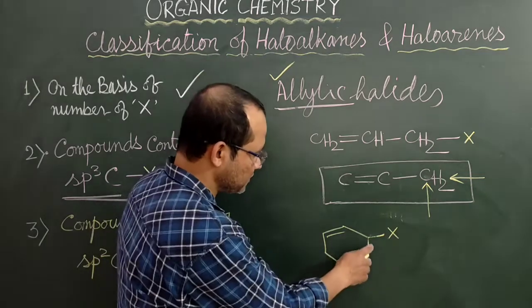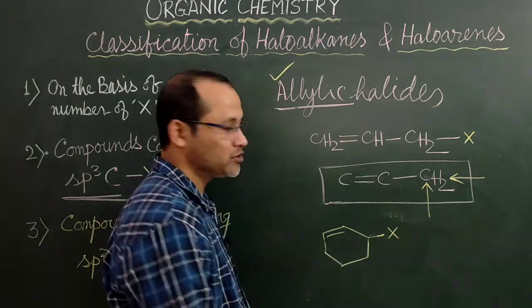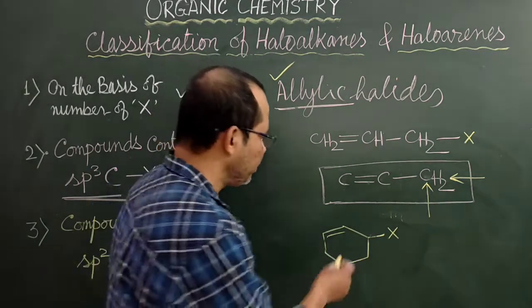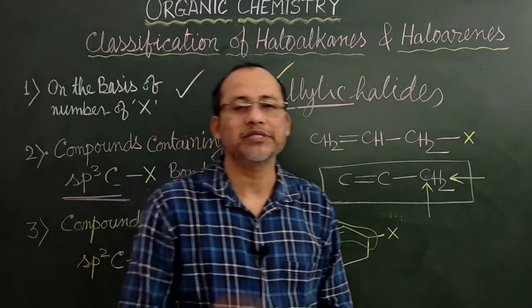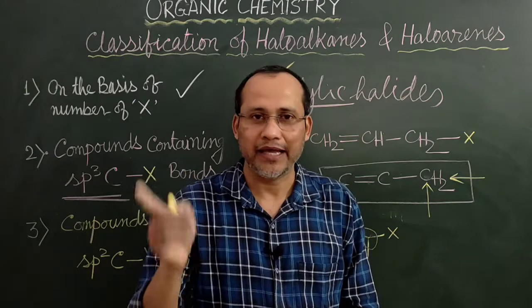Okay, so since this one is cyclic in nature, the term cyclic will be there, and since this is allylic in nature, so it will be cyclic allylic halide.